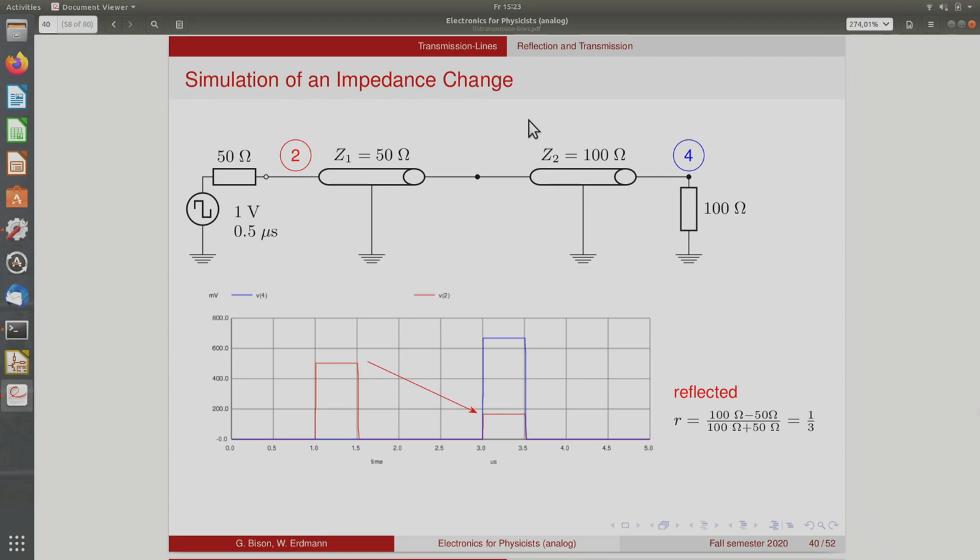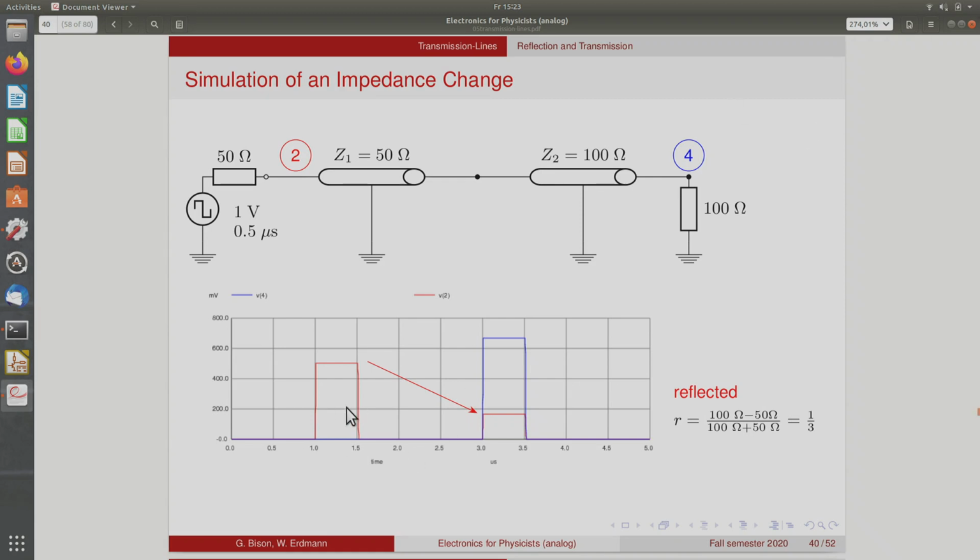This is shown here now for a numerical example. You have a signal source back terminated with 50 ohms. You have a 50 ohm cable, and then you come to a PCB, for instance, where your trace impedance is 100 ohms. But you terminate properly the 100 ohms, so you don't have reflections there.